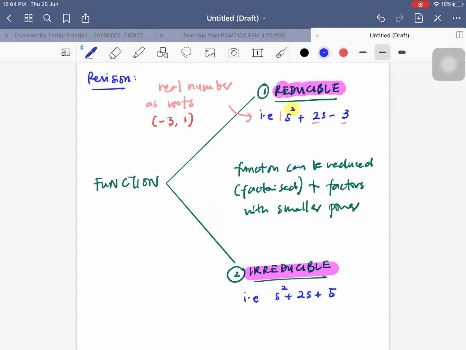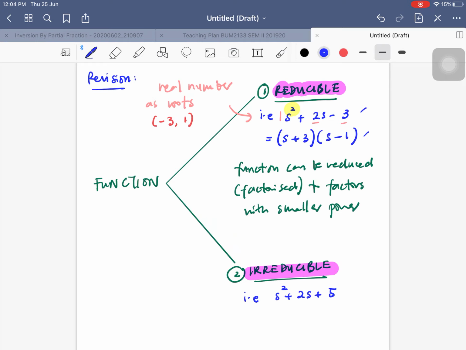So therefore, right away we know that this can actually be reduced to two linear factors. The first one is going to be s plus 3, because the root is negative 3, and the other one is going to be a linear factor of s minus 1. So if you can change your function, for example, this one is a quadratic expression, to two linear factors like this, you can factorize them.